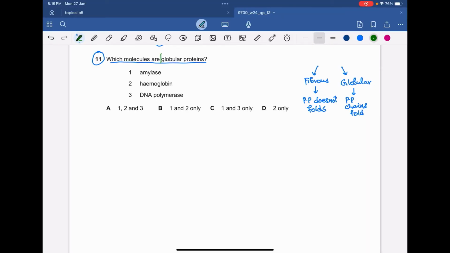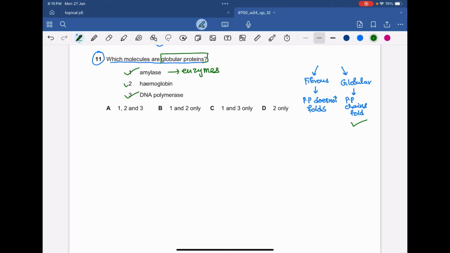The question is about globular proteins, where the polypeptide chains are folded. So we know that amylase is an enzyme, and enzymes are usually of tertiary structure, so it is a globular protein. DNA polymerase is an enzyme; it is also a globular protein.